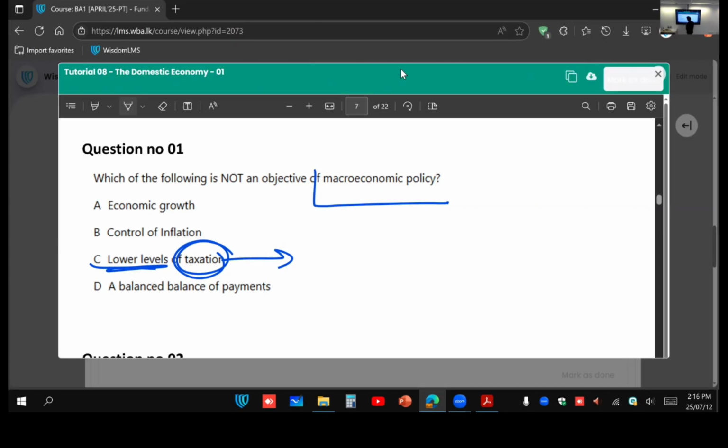Raising or lowering the levels of taxation is anyway not a basic objective of a macroeconomic policy. Under fiscal policy we'll be learning about taxation, but having higher levels of taxation cannot be interpreted as a basic objective of an economic policy.